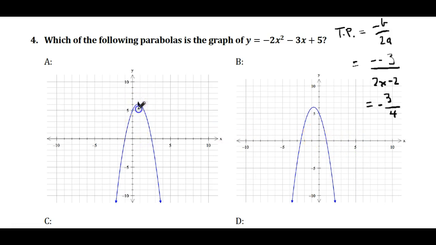This one you can see is a positive x. What we worked out here was the x coordinate of the turning point. So that one's clearly positive, and this one here is clearly negative. You can see this one's 3/4 and this one's -3/4, just before 1. So I know I haven't made an error. If I had something like x equals 6, I know I've probably made a mistake somewhere along the line.